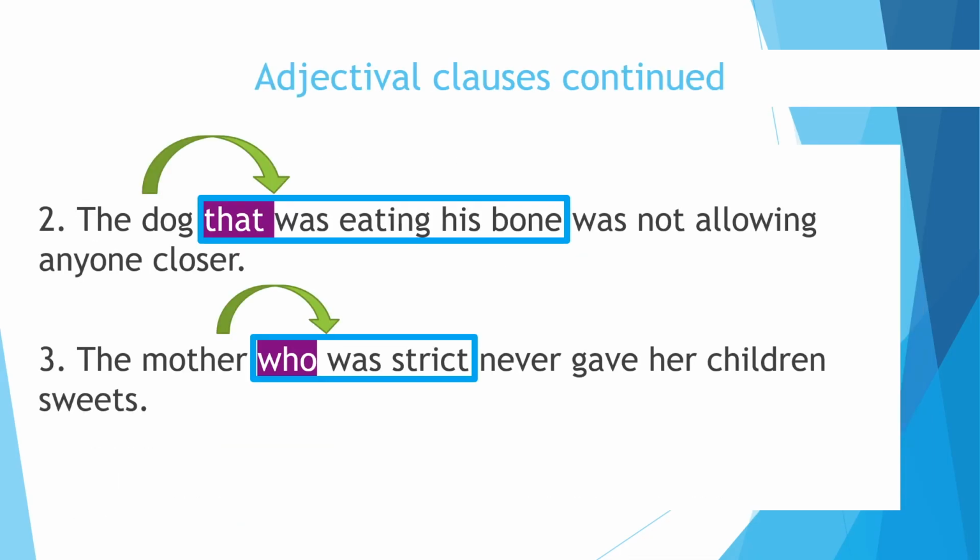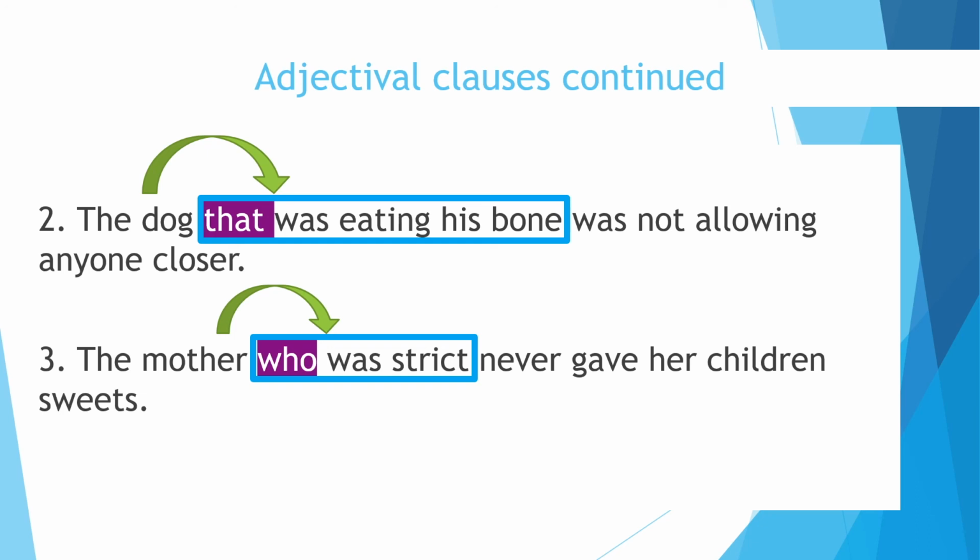Number 2. The dog that was eating his bone was not allowing anyone closer. That is a relative pronoun. Is "that was eating his bone" telling us more about the dog? Yes. So, "that was eating his bone" is the adjectival clause. Number 3.